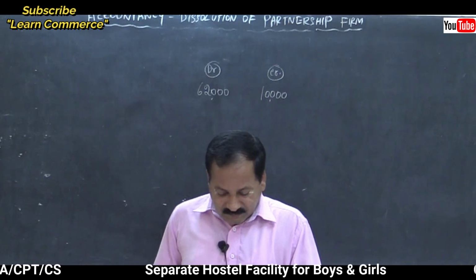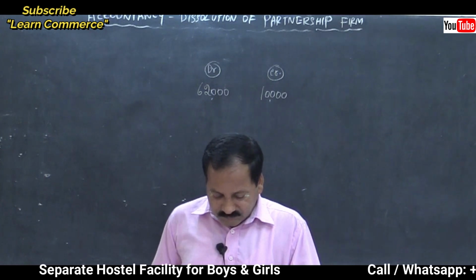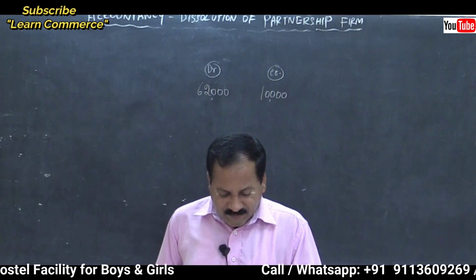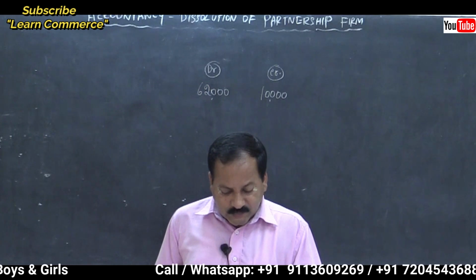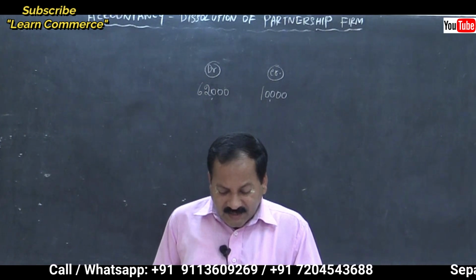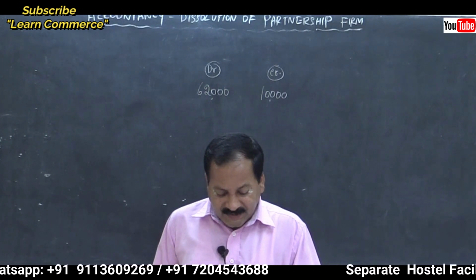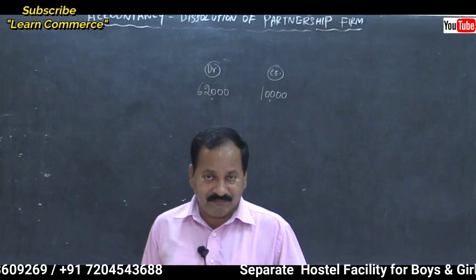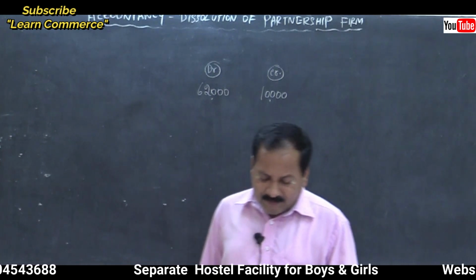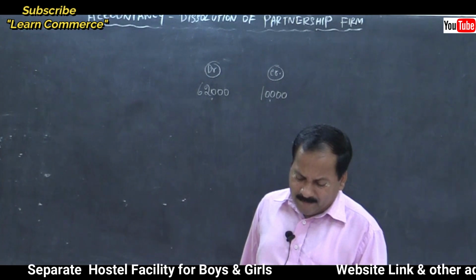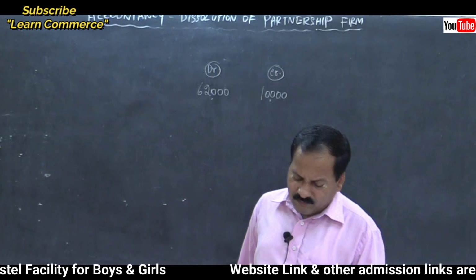Then machinery is taken over by Sonu for rupees 40,000 and agreed to pay bills payable at a discount of 5%. Machinery was agreed to be taken over by whom? Sonu.